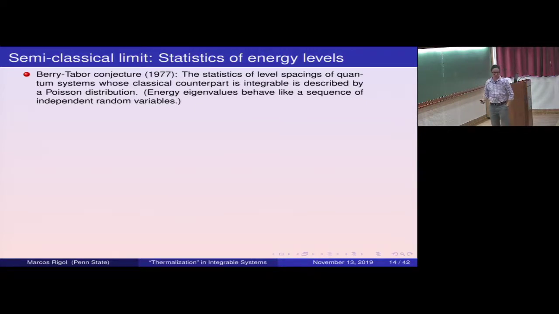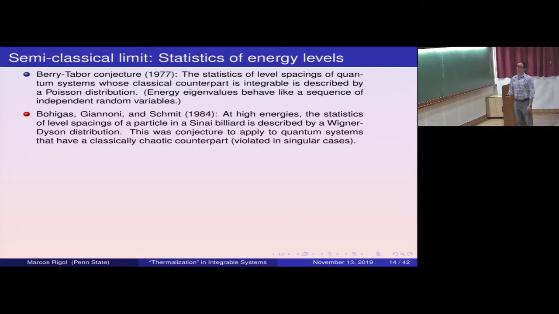What they said is that if you have a quantum system whose classical counterpart is integrable, then if you look at the level spacing distribution at high energies, you are going to find that it is a Poisson distribution. So if someone gives you an integrable system, you look at the level spacing distribution, the expectation is that if you have a classical counterpart, you are going to have this Poisson distribution.